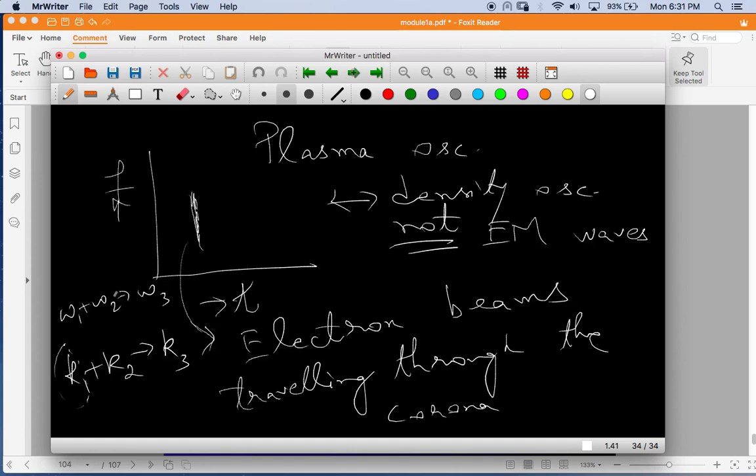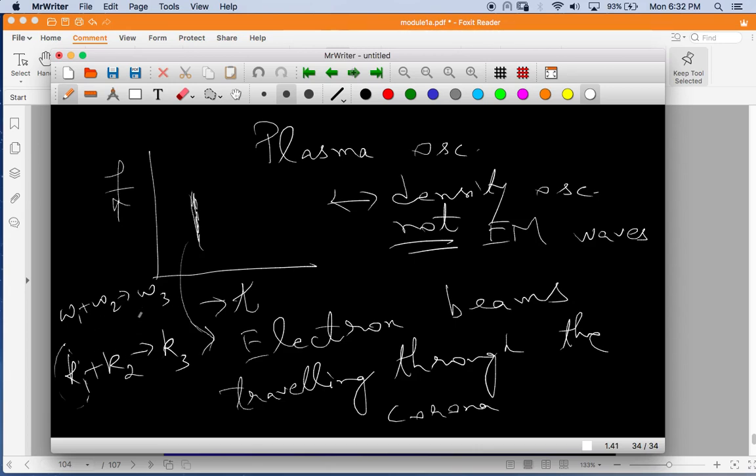There needs to be an additional source of low-frequency waves, and the existence of such a population is not implausible. As with everything in astrophysics, it's all about plausibility arguments, and so you need this kind of a frequency mixing condition plus a k, a wave vector mixing condition. Both of these have to be simultaneously satisfied.